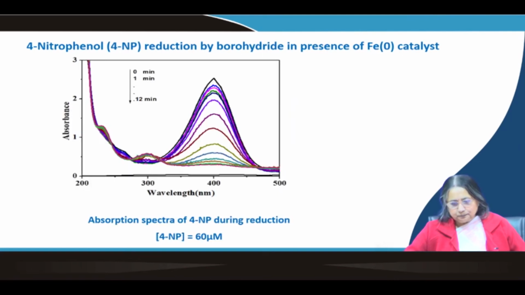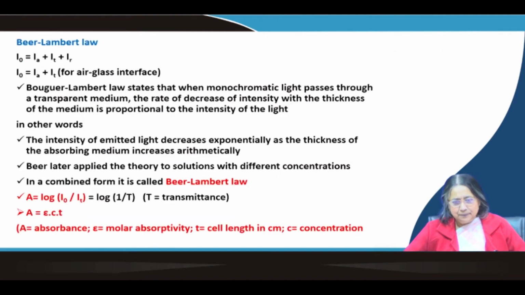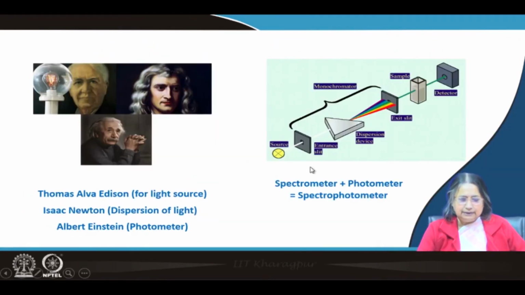Now, this is the spectrophotometer. I showed you the schematic drawing for the spectrophotometer. The light is passing through the prism, producing different lights, monochromatic light, by dispersion, and then it is passing through the medium, some solution kept in the cell. Let me go back. Here is the light source, and then it passes through a prism.